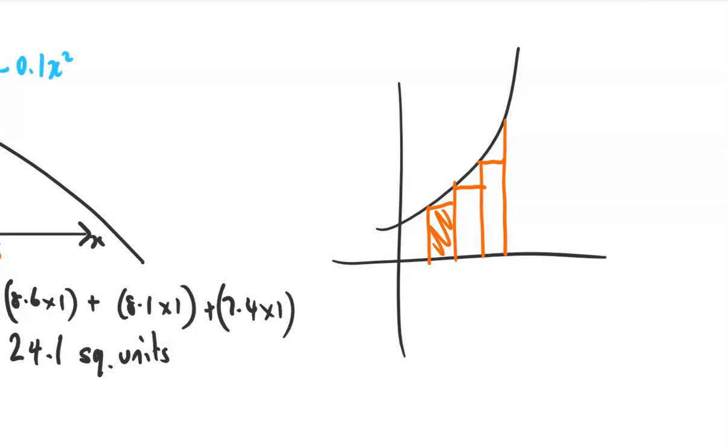So this is the areas that I'm calculating. And you can see that I'm actually less than the actual area. So it depends on the direction of the graph, increasing or decreasing, as to whether left-hand rectangles gives me a bigger or a lesser value.